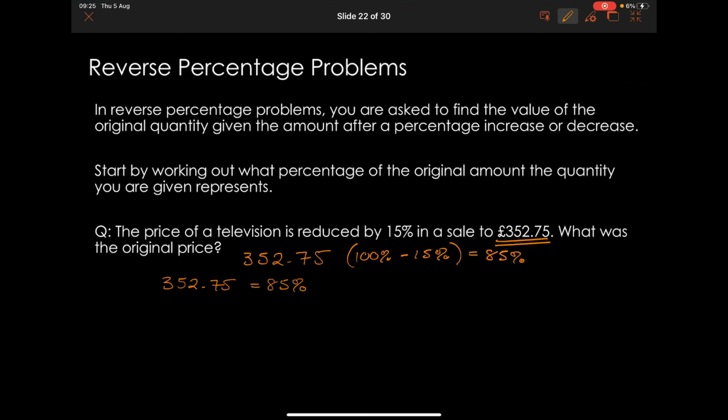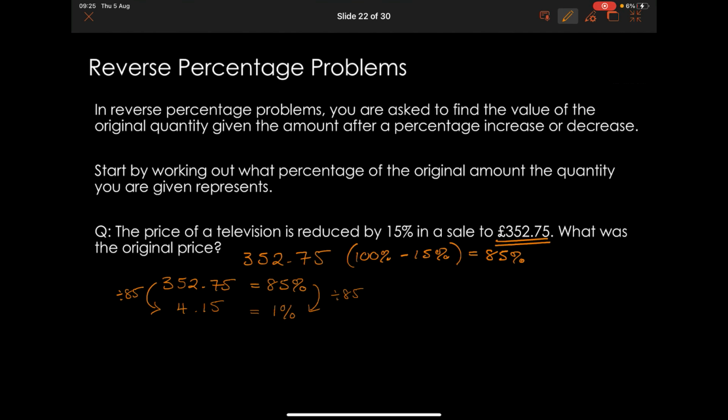So what we need to do is work out what the original price was. So what I'm going to do is work out 1%. In order to work out 1%, I will divide by 85. So I'm going to take my £352.75, and I'm going to divide it by 85. If I divide it by 85, it gives me 4.15.